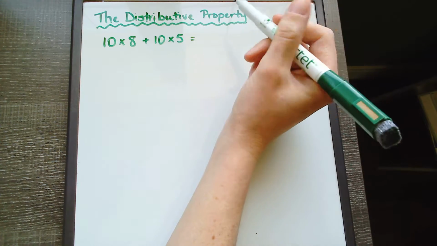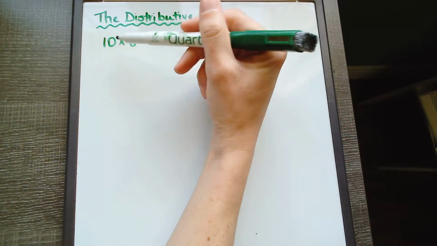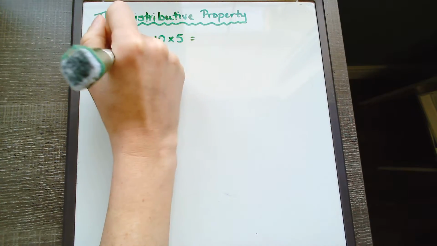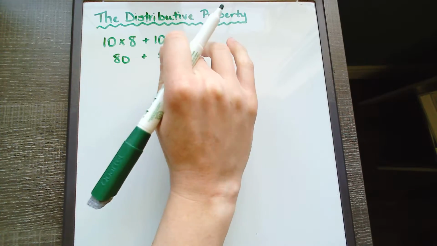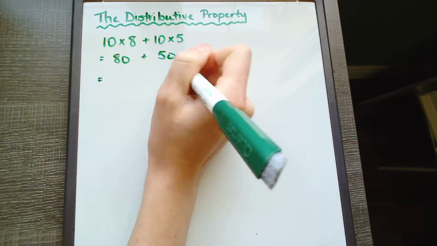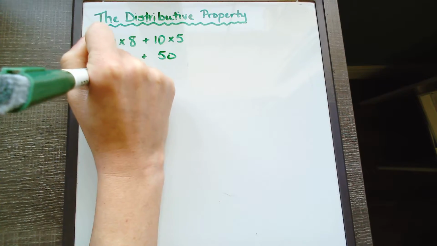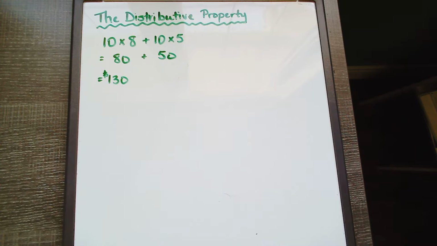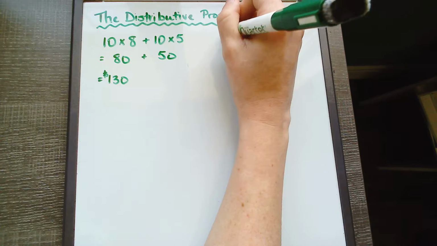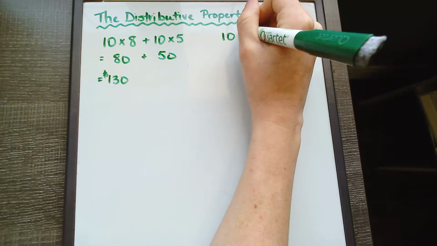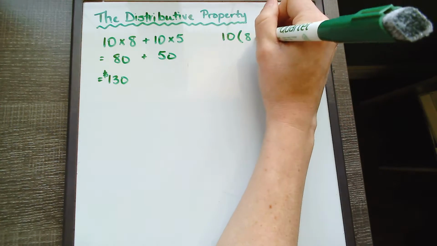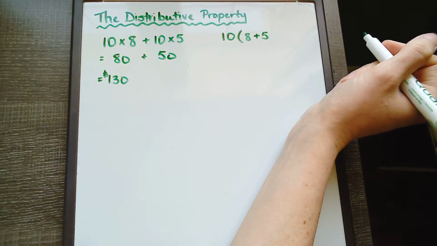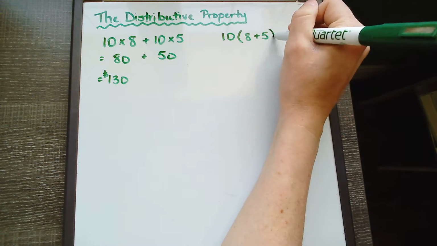As I do this, I would use order of operations. So I do my multiplication first. I'd have 80 plus 50. I'll do it downwards. And that will give me $130 altogether. Now, another way that I can write that is $10 times 8 people who paid with cash plus the 5 people who paid with checks.